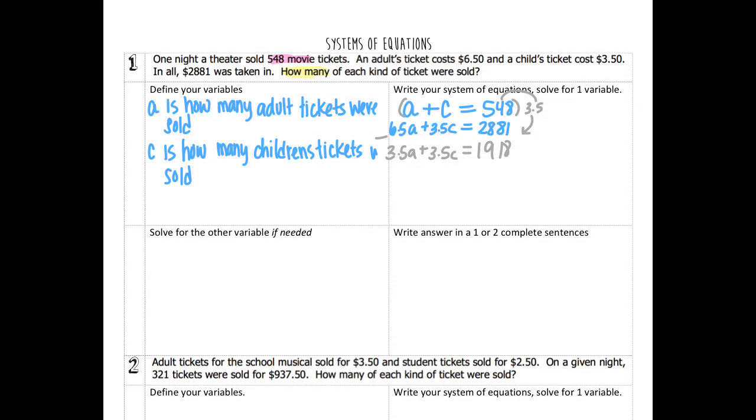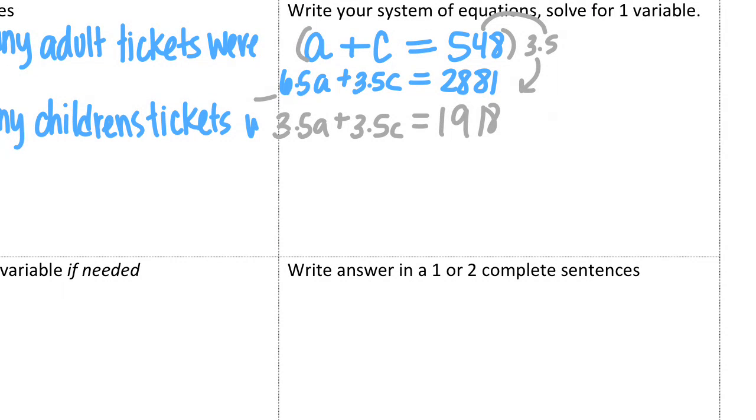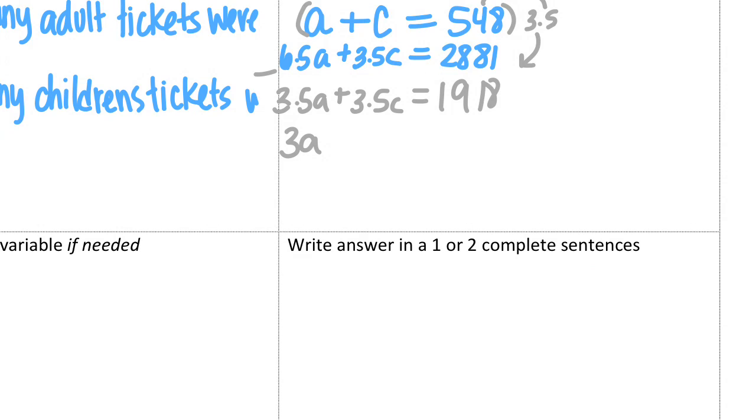So 6.5 minus 3.5 is actually just 3. This becomes 3A. 3.5 minus 3.5 is 0, so it's just 0C equals. And 2,881 minus 1,918 is 963.